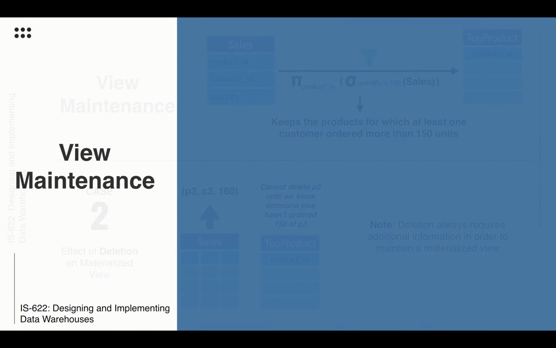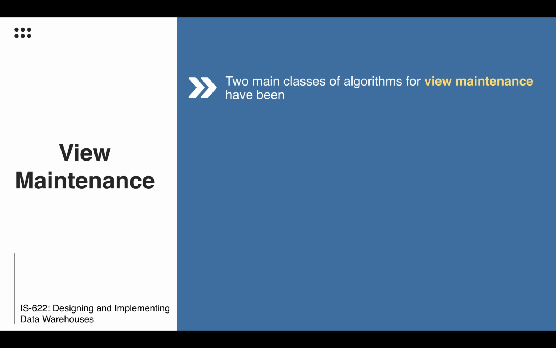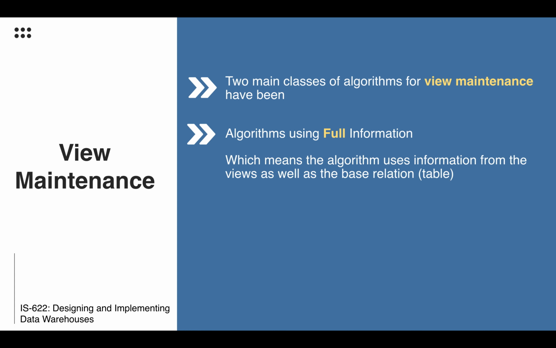Okay. So as I told you, for view maintenance there are 2 main classes of algorithms. The first one uses full information. Full information here means it uses information from the base tables. You remember in the previous example, I cannot delete a record from the view unless I check the base table.